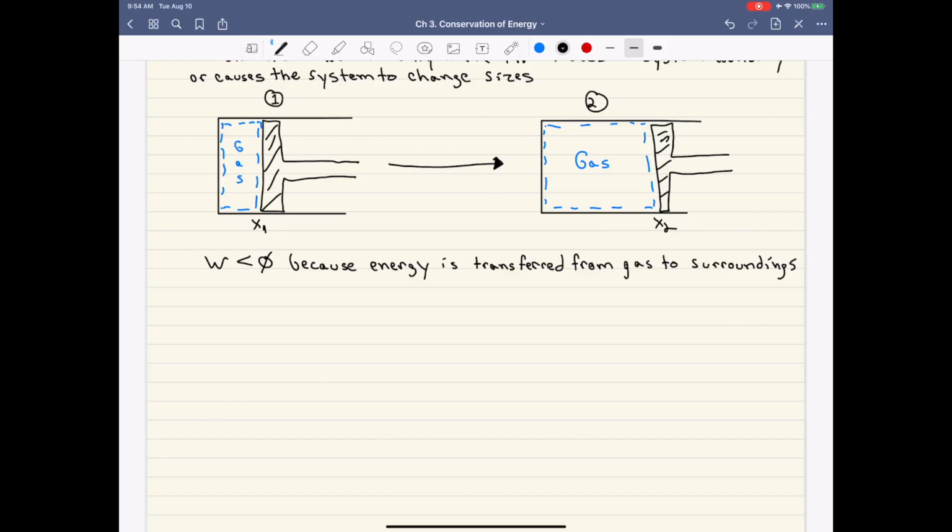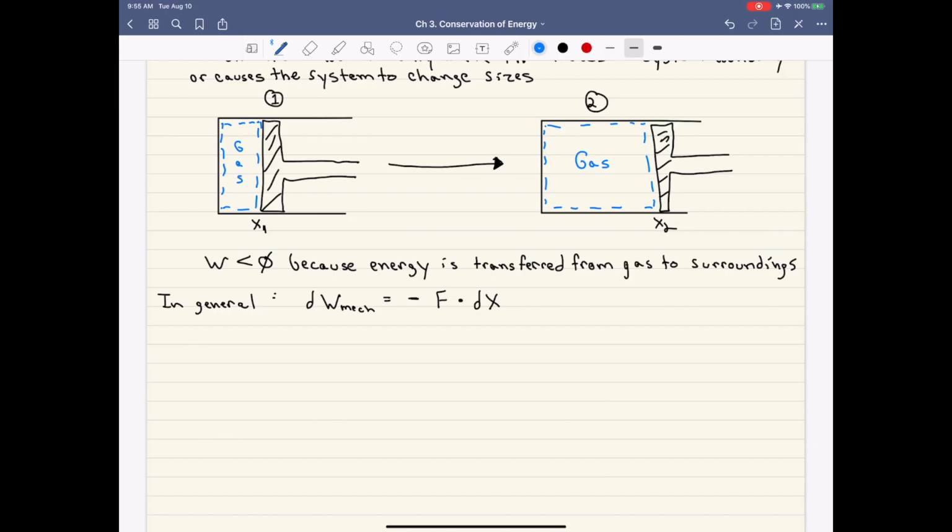But we need to be a bit more quantitative when we describe this. And so, in general, when we talk about the mechanical work, we could say that the infinitesimal amount of mechanical work, either exerted onto or by the system, is going to be equal to the negative of some force exerted by the system times the displacement that that force causes.